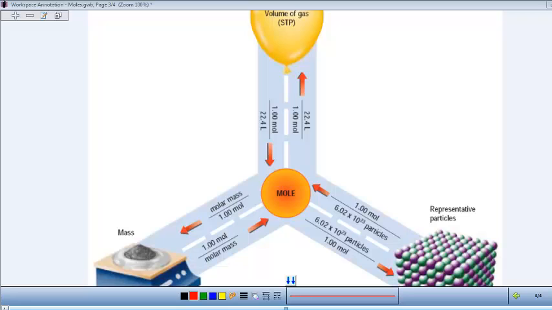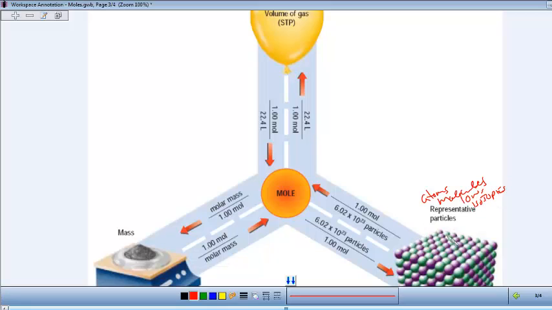And what it's trying to tell you is that whenever you're going from representative particles, again, representative particles most often are atoms, but they could be molecules. You could be talking about water molecules, could be ions, could be isotopes, any particles. Again, I said it could be chicken eggs, okay?